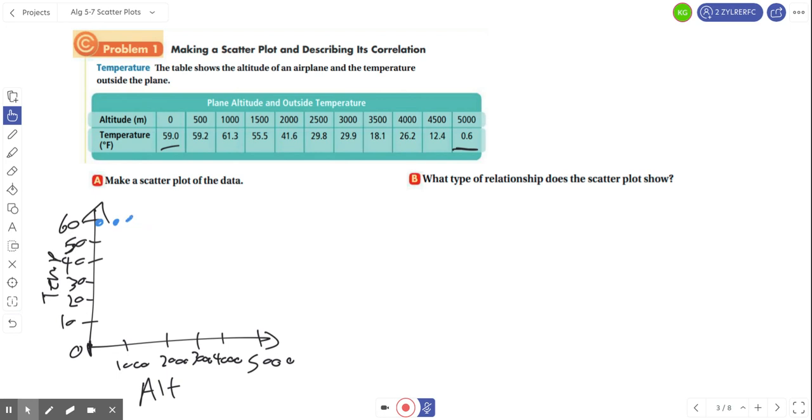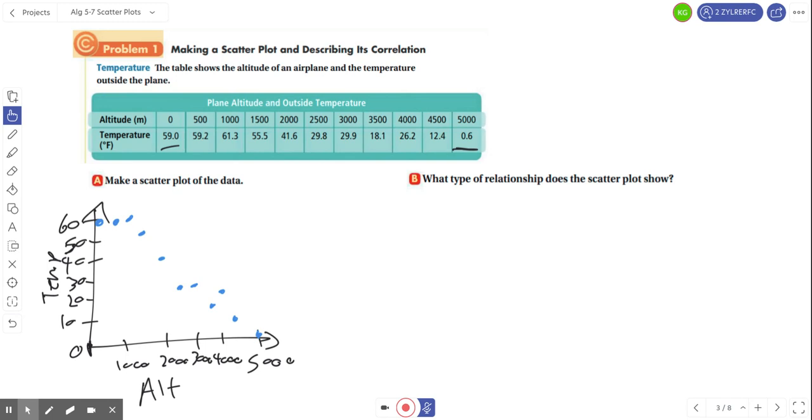At 1,500, now we're down to 55. 2,000 is about 41. 3,000 is about 30. Oh, I missed 2,500, which was also about 30. 3,500 is about 18, so pretty close to 20. 4,000, 26. 4,500, 12. 5,000, pretty close to 0.